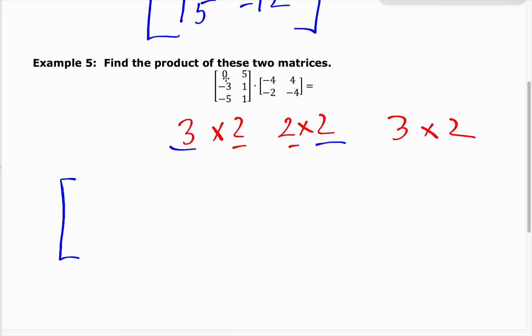So how are we going to start? So to get this first entry, what are we going to do? We're going to take the first row times the first column. First row, first column. So 0 times -4 plus 5 times -2. So over here now, we're going to take first row, second column.